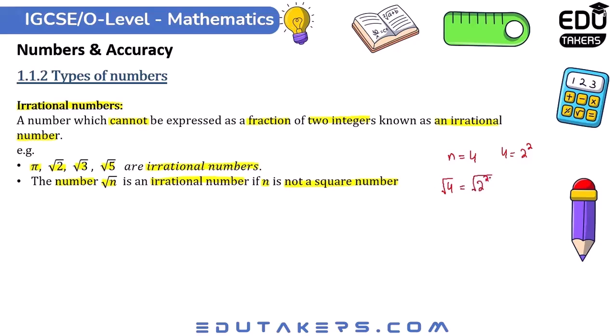This will be cancelled. The result will be 2. And we can write 2 as a fraction of two integers. Here 2 and 1 belong to Z, and 1 is not equal to 0. Then this will be our rational number. But if n is not a square number, then this will be an irrational number.